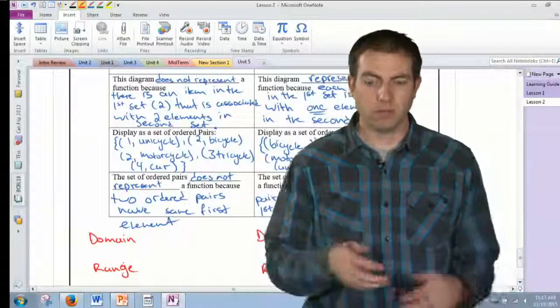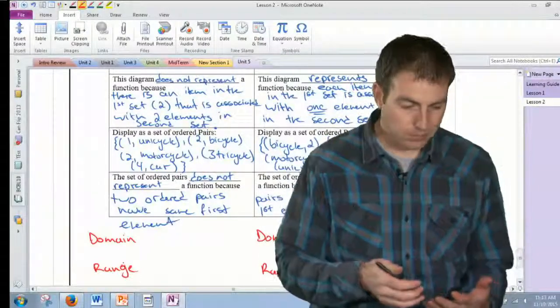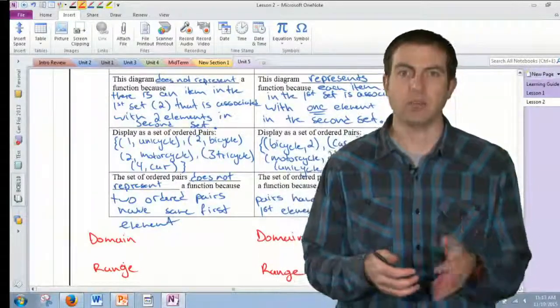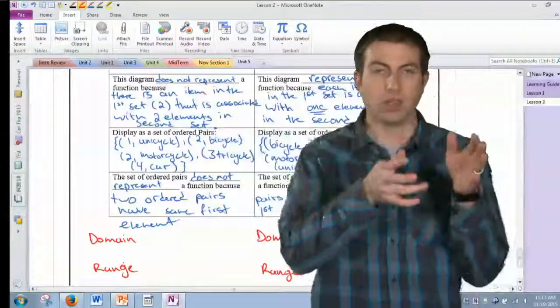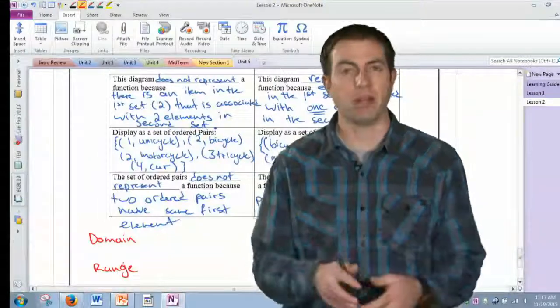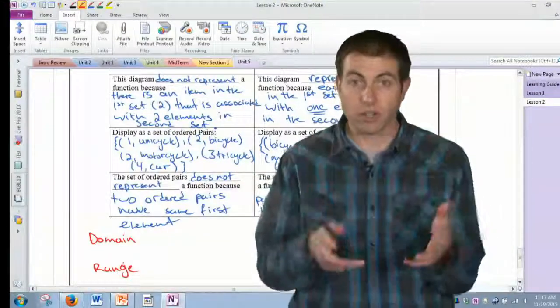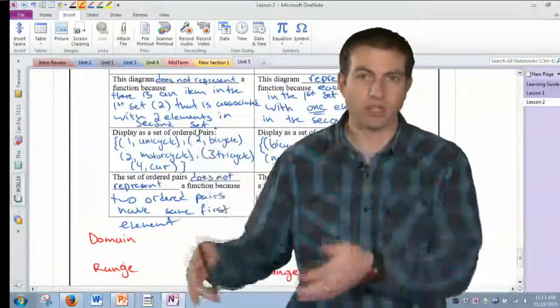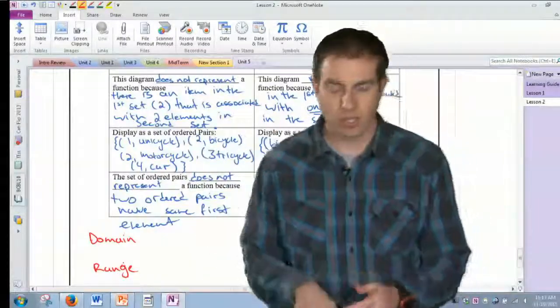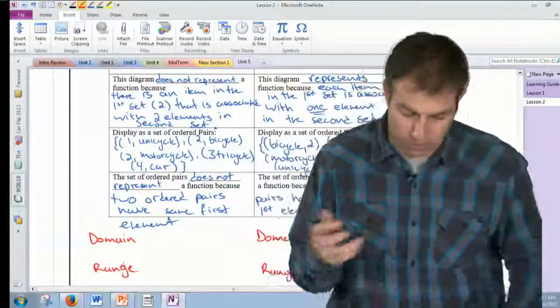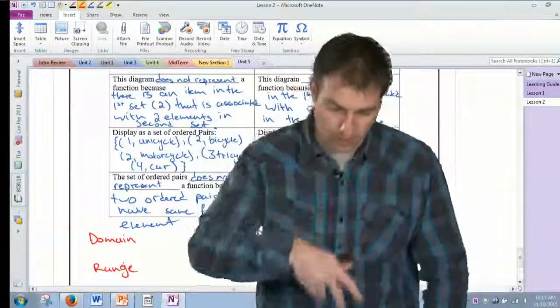So the domain we defined as being the first set of elements: everything in the first column, everything in the first half of our ordered pair, everything in the first circle. The range is everything in the second column, the second half of our ordered pair, the second circle.